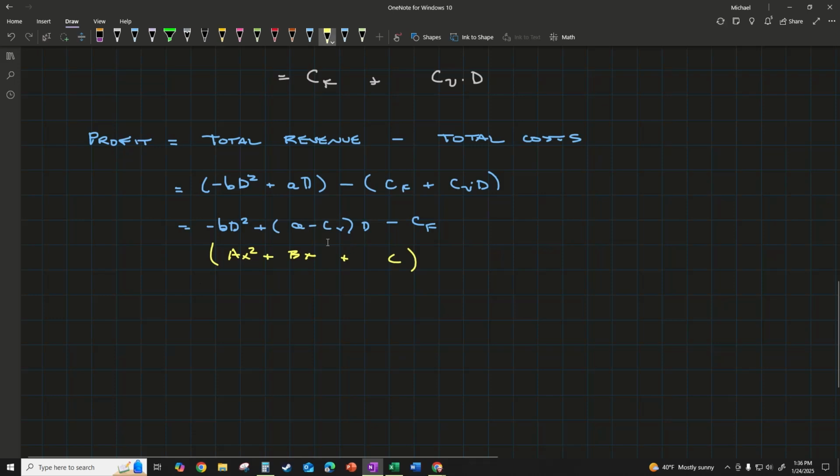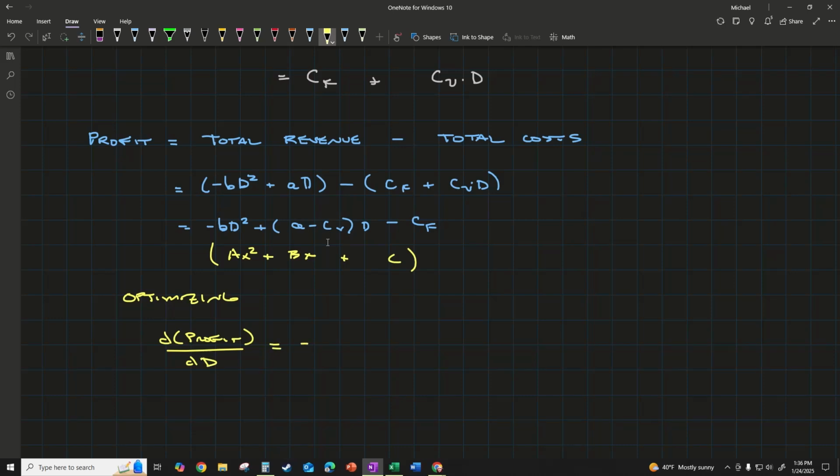This time, instead of optimizing with what we know about how parabolas behave, let's just do it the algorithmic way and take the derivative of profit with respect to demand.